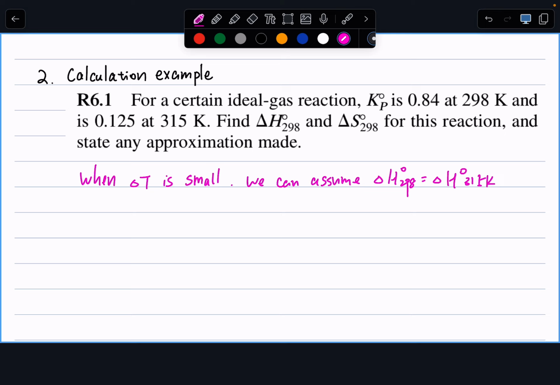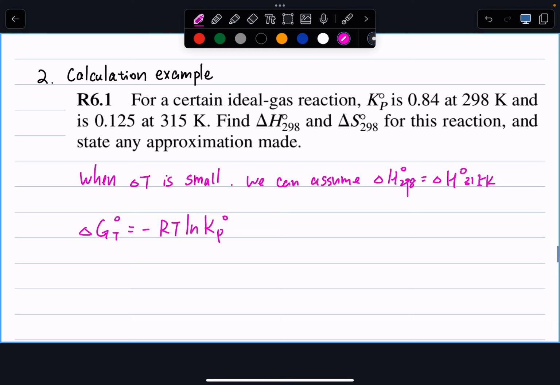And what else do we know? The question asks us to find delta H naught and delta S naught, so we have several pieces of key information we need. We have delta G naught equals negative RT ln Kp naught. That's one thing we know.